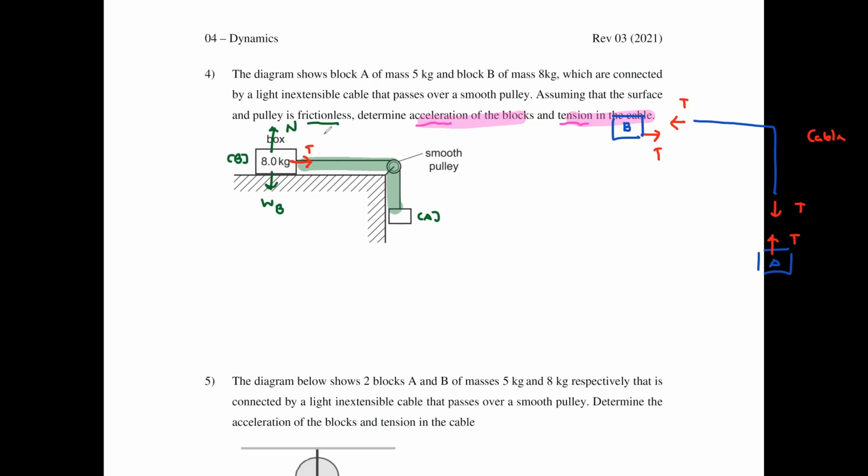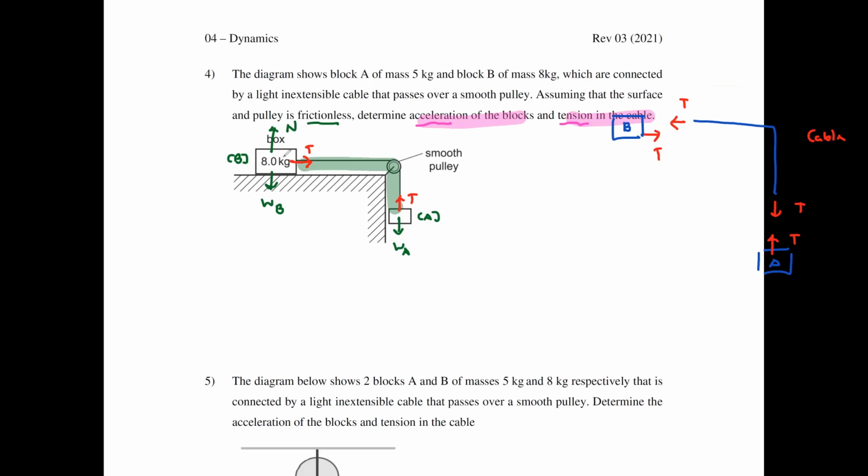This is the free body diagram for block B. If I look at the free body diagram for block A, I can say that there's the weight of A, and then again, there's tension T. So what I have labeled here is just the free body diagram of the blocks. I did not label the free body diagram for the cable. It just looks like this, it doesn't tell you anything useful, so I'm just going to omit it.